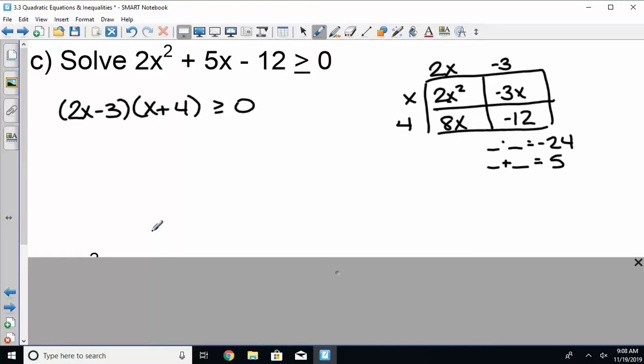So do we have to actually solve this? Yeah, I need to know the two things that make it equal 0, just so I have those points on my x-axis. So that is 3 over 2 and negative 4.